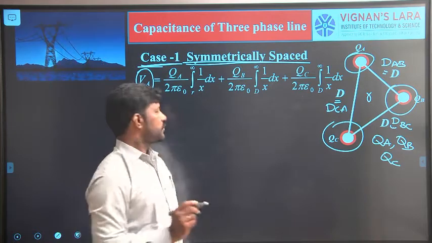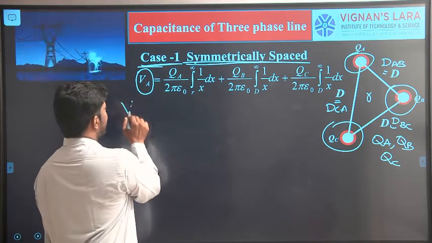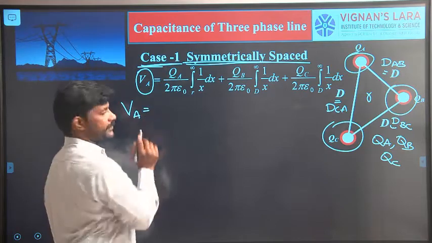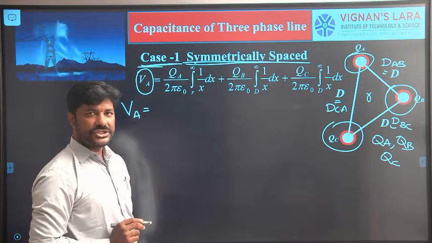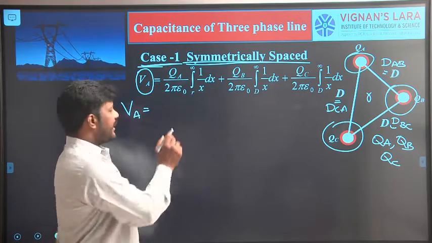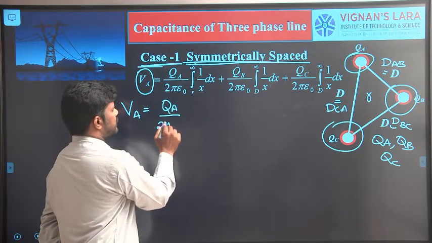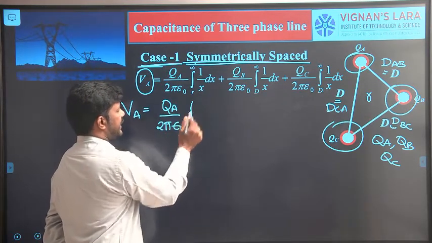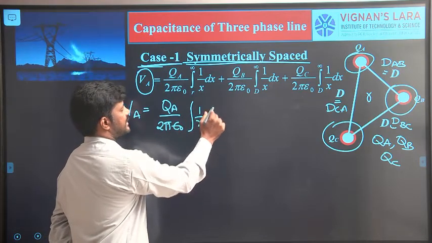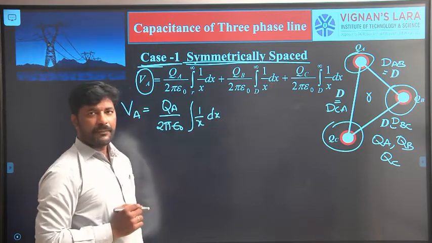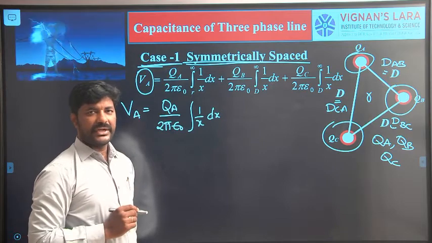Let me write the conductor A potential due to its own charge QA. I write this expression as QA by 2 pi epsilon naught integral 1 by x dx, which is the general formula for the potential of any conductor due to its charge.